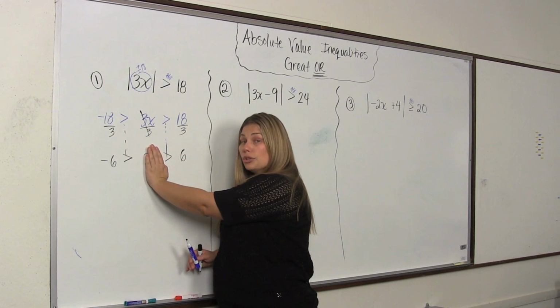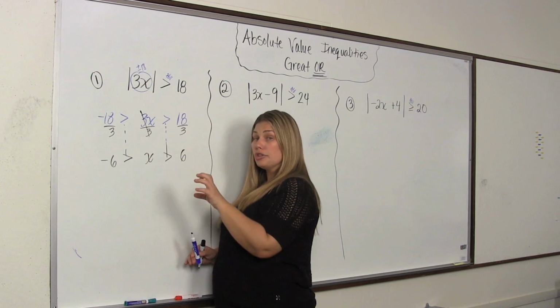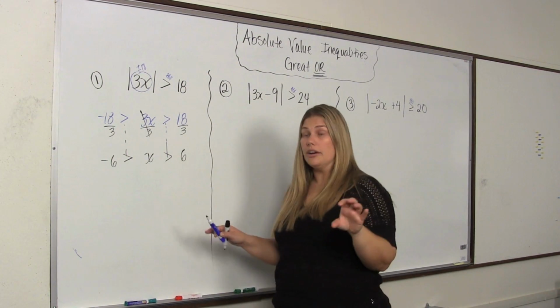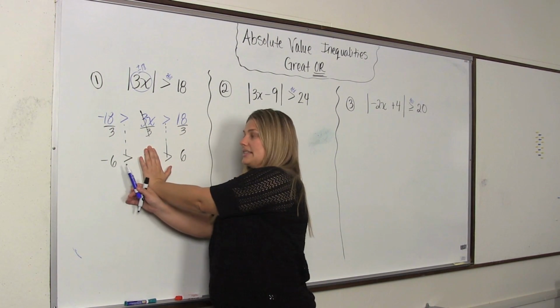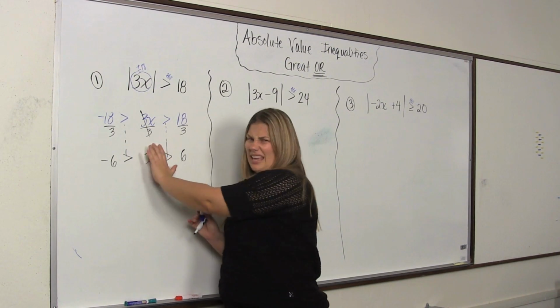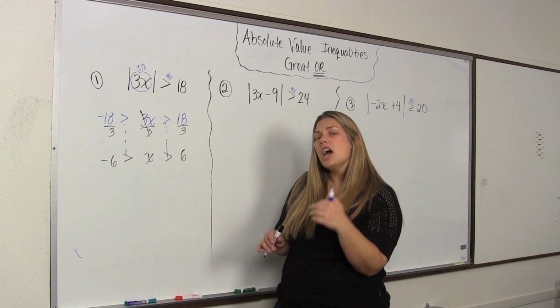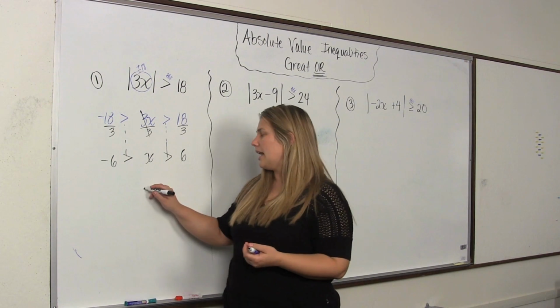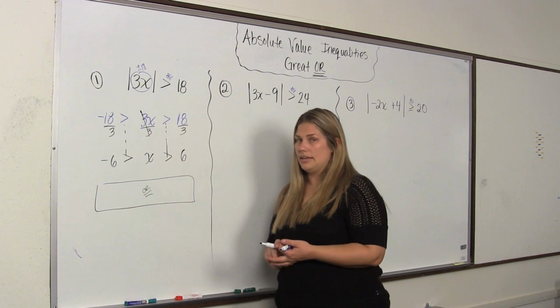If it's true, I can leave it as it is. But if it's not true, I'm going to have to split it apart. So if I cover this up, this is saying negative 6 is greater than positive 6. Well, negative 6 is not bigger than positive 6. So if it's not true, that's when I'm going to have to split it apart into two separate inequalities.